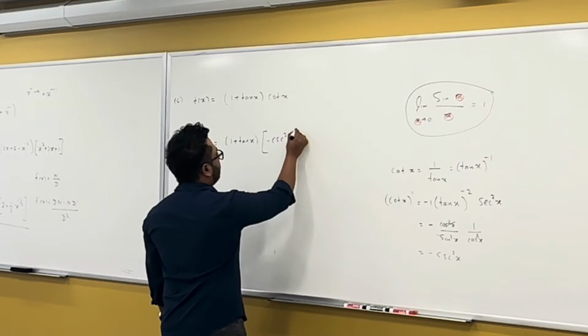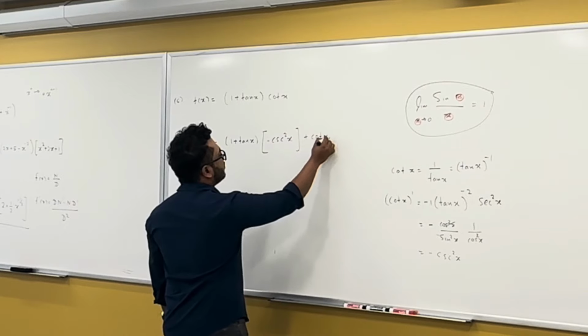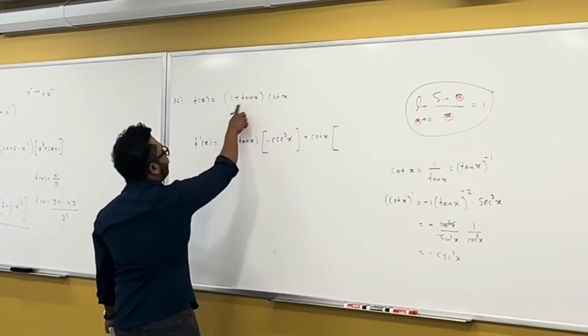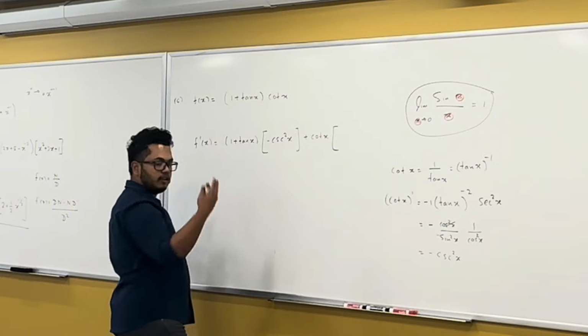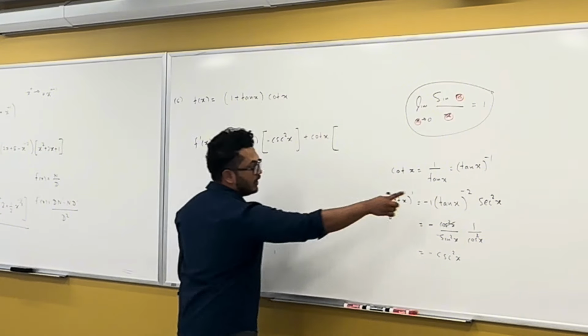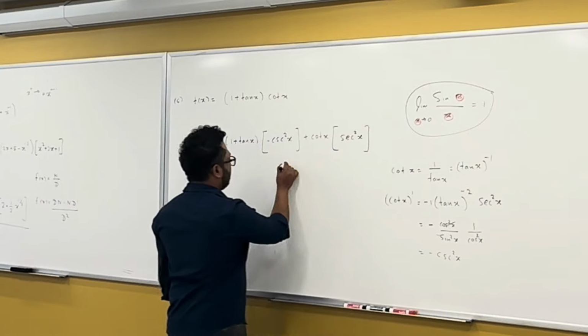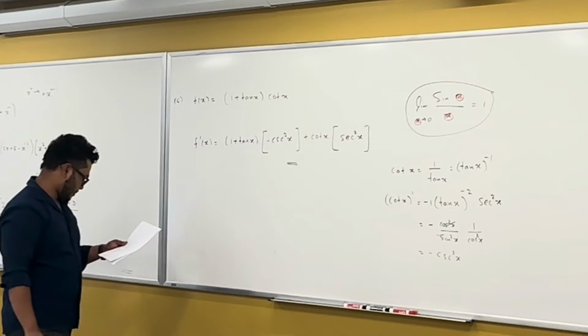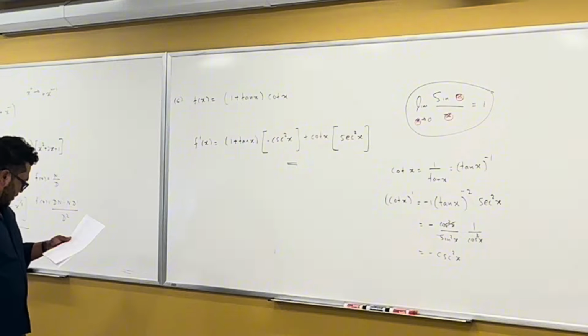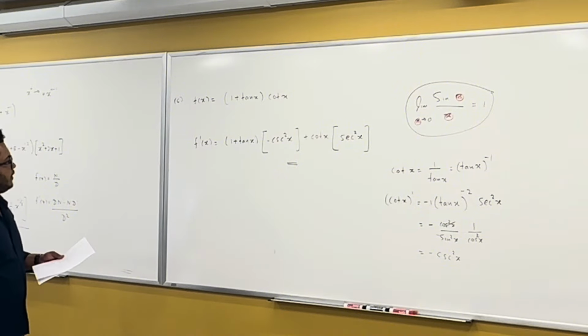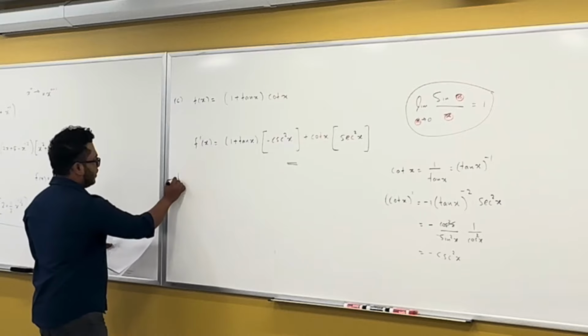Plus cotangent x times the derivative of 1 plus tan: the derivative of 1 is 0, and the derivative of tan is secant squared x. That's part C. Okay, product of trig functions.